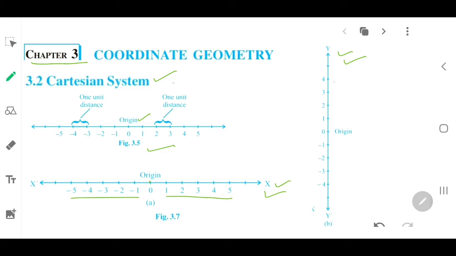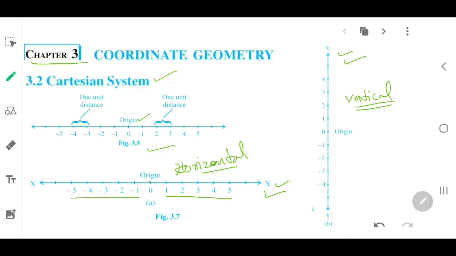Whereas the y-axis you can see as vertical. You understood? It shows a vertical line, y-axis, whereas the x-axis shows a horizontal line. Correct?